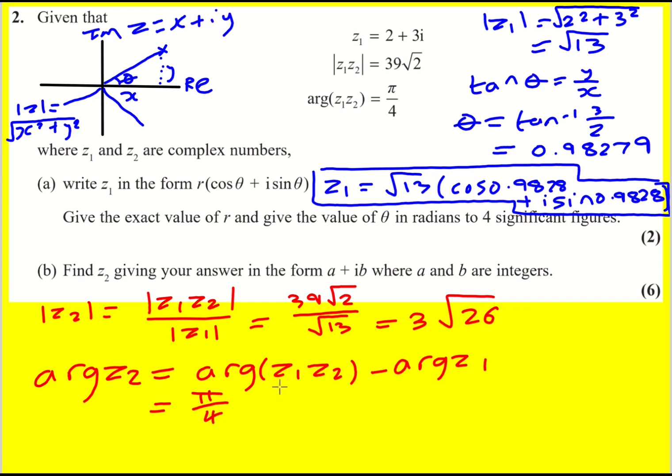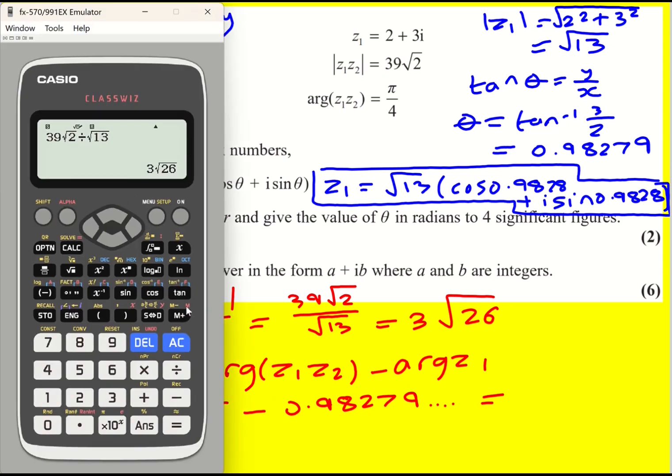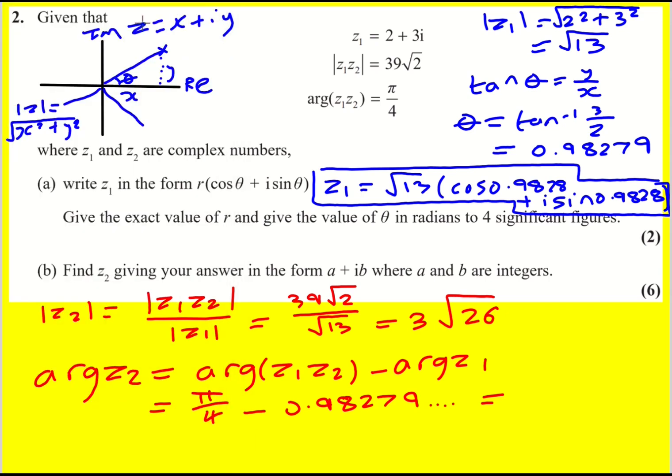So pi over 4 minus 0.98279 and so on. But I want the exact one, especially because of what is going to come in a minute. So pi over 4 minus answer gives me minus 0.1973.